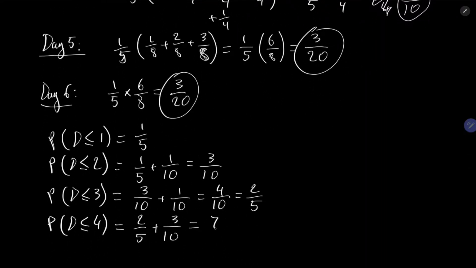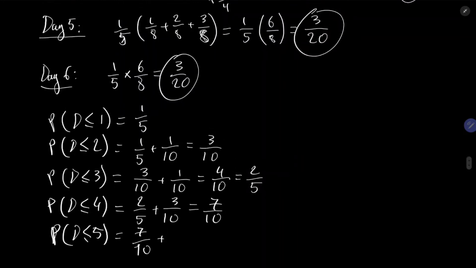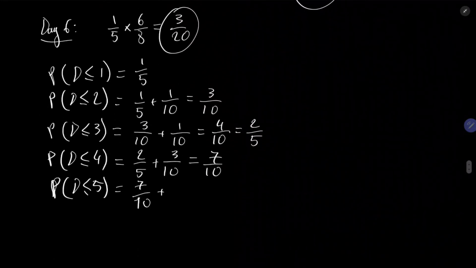So we have 7 divided by 10. For a day before 5, we have 7 divided by 10 plus 3 divided by 20. So this gives 17 divided by 20.